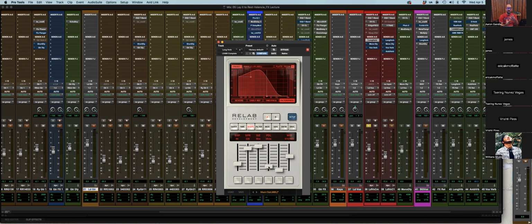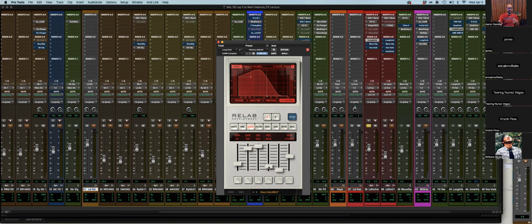Those decay times on those high frequencies might be much higher than a natural decay time in a room or in a hall. And the low end resonances will be completely different than in an actual space, because again it's a metal sheet that's vibrating. So the fact that it's so different and unnatural from real reverb is why we tend to like it. But it also is used to kind of set it apart.